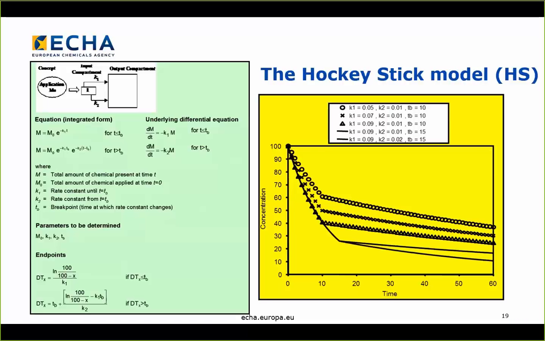We'll come on to that tomorrow morning, but sometimes when you've got competing degradation and partitioning processes and you lump it all together as a whole system, the hockey stick model can be quite useful. And sometimes it can be useful for long-term outdoor field dissipation studies where you might have quite rapid degradation over the summer period, and then as you move into the colder months, degradation slows down. Okay.